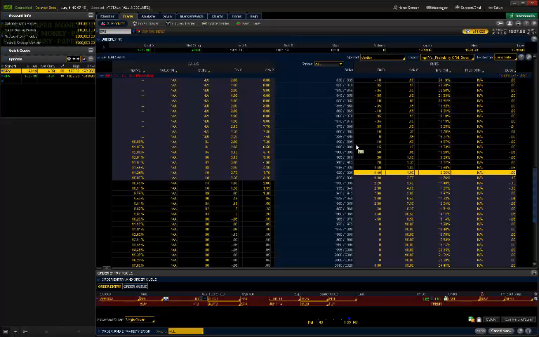Because really, your play is the one you're selling. That's the important one that's going to keep you focused on that strike. The other option, the option that you buy, that's just your hedge. That's there to lower your margin.